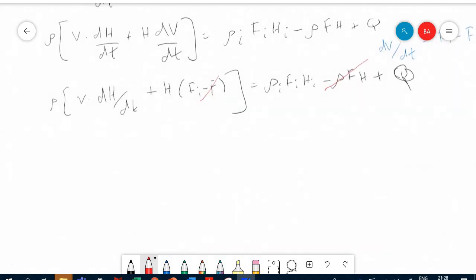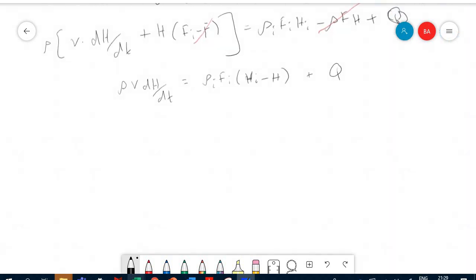So to do it in another step, this will be rho v dH by dt is equal to rho I Fi into Hi minus H plus Q. Wow, that is really a very simple equation.